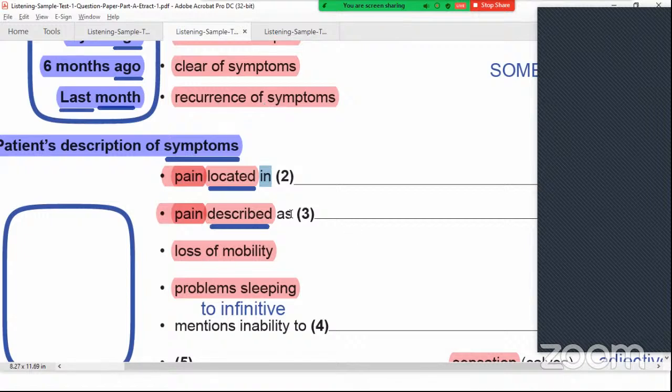Pain described as, question number 3. Get ready. Question 003. Fine. Pain described as.